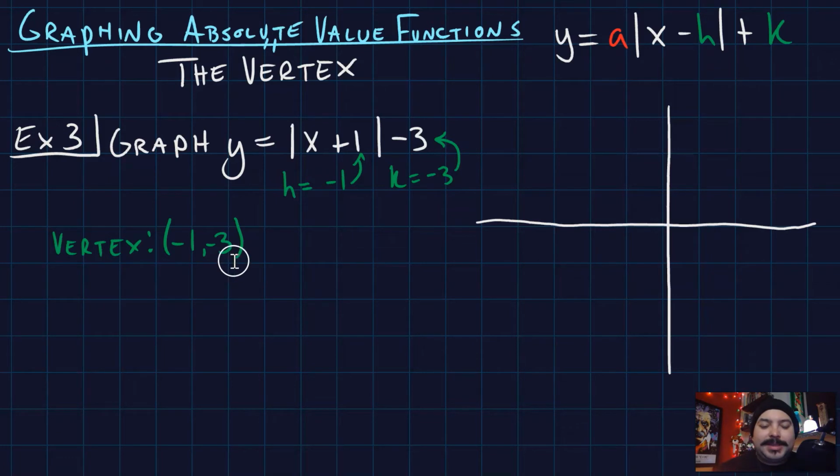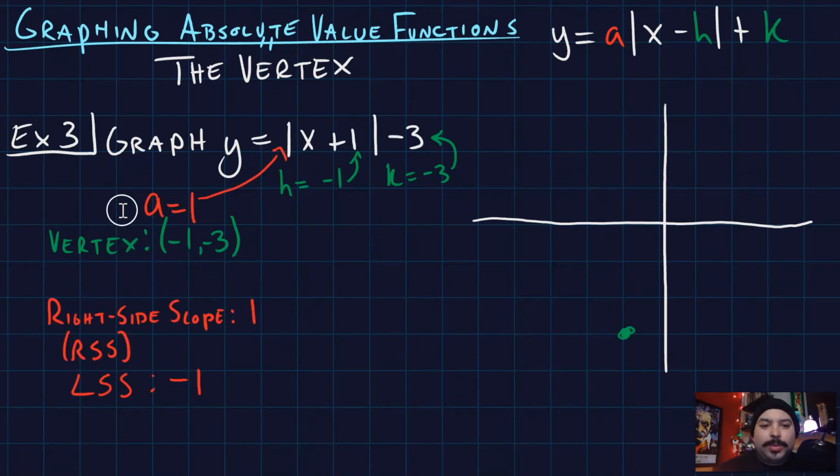So we get our vertex negative 1, negative 3. Once again, a is equal to positive 1, so the right side slope of our equation will be positive 1. So we go up 1, right 1, up 1, right 1, and so on. For our left side, we go up 1, left 1, since the slope is negative 1. Then finally, we can connect our coordinates and finish drawing our graph.